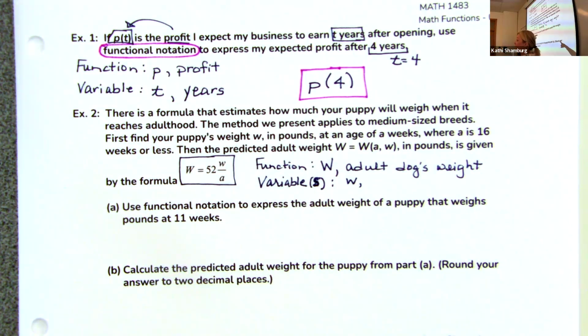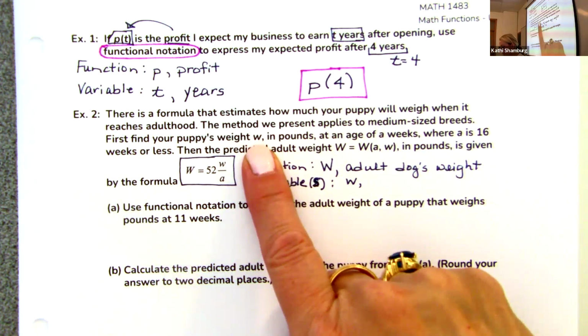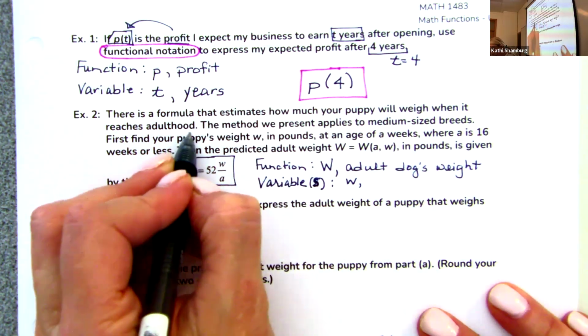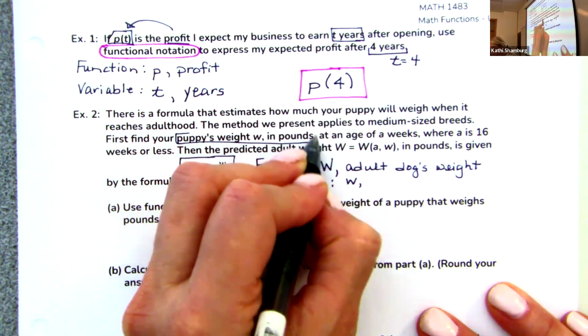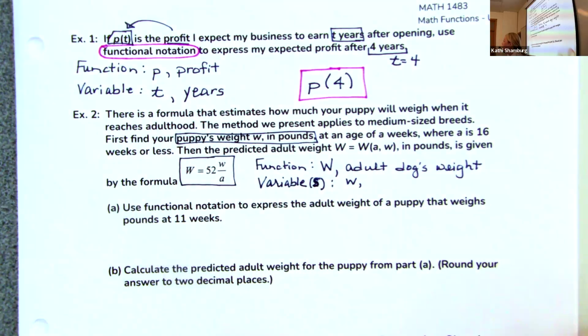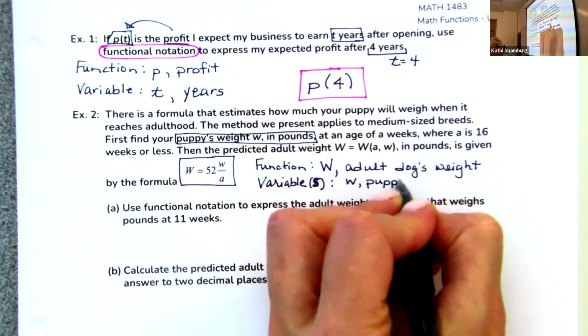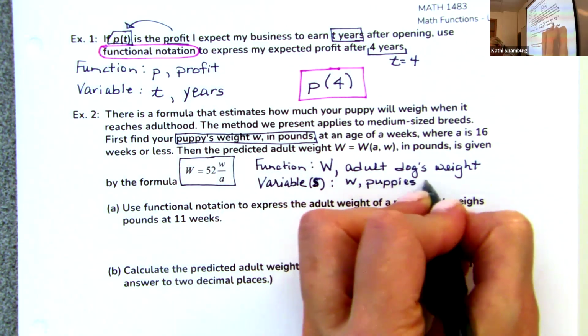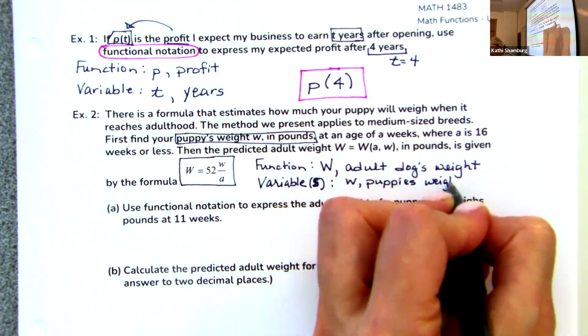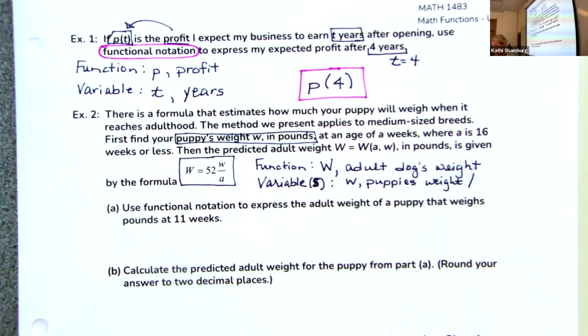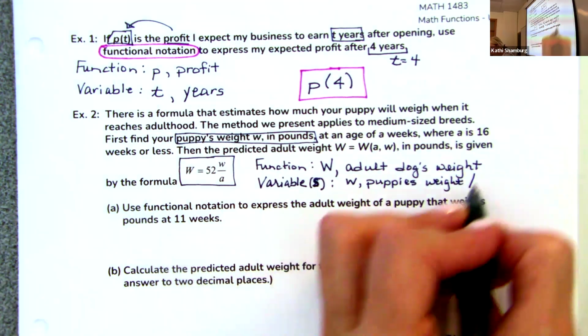They're not the same variable. So let's look up here. Here's my lowercase w. What does it tell me about that? The puppy. That's the weight of the dog when it's a puppy. So this would be puppy's weight. And then I have to be a little bit more specific. What do I have to include? Pounds.